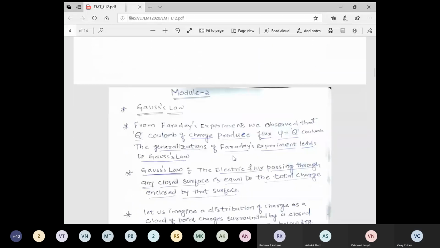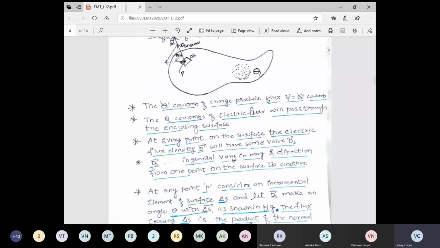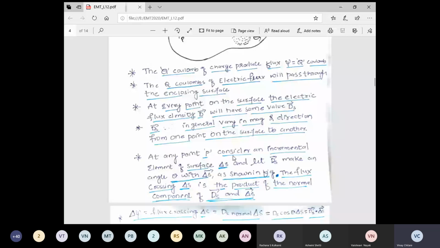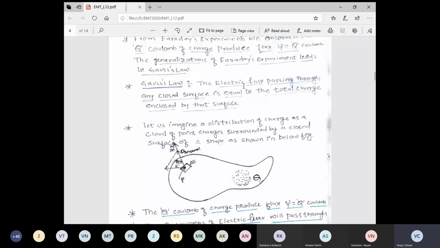Okay, so we have seen what Gauss's law is. The statement is: the electric flux passing through any closed surface is equal to the total charge enclosed by that surface. It is the general statement of Faraday's experiment.